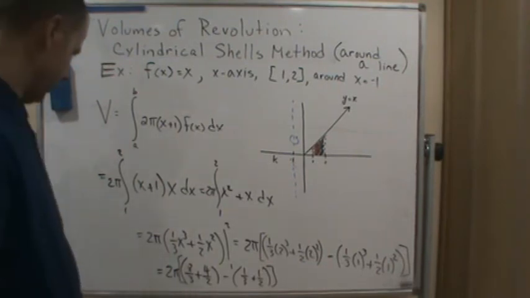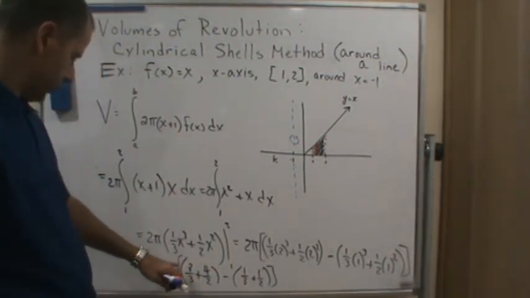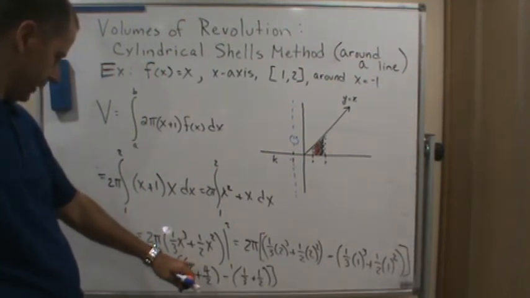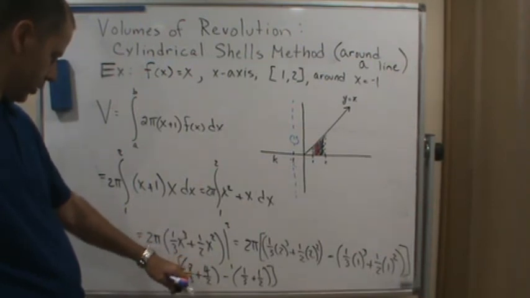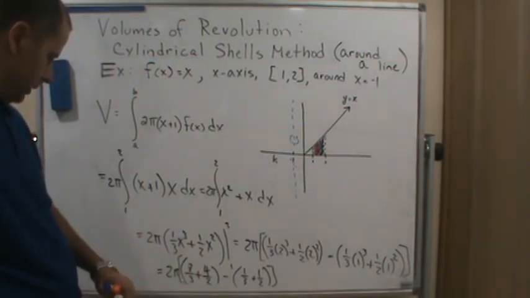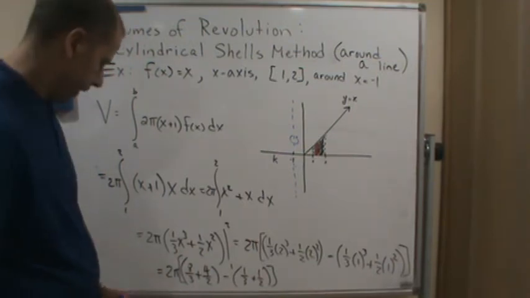And so what do you get? If we get a common denominator, this is going to be 28/6.